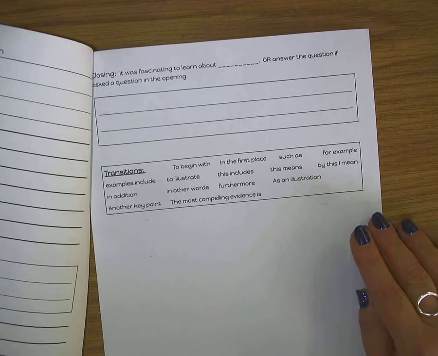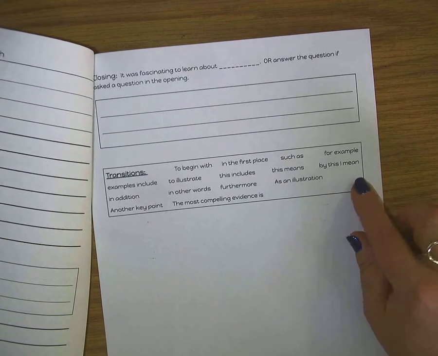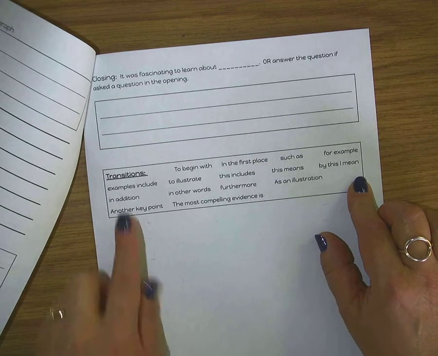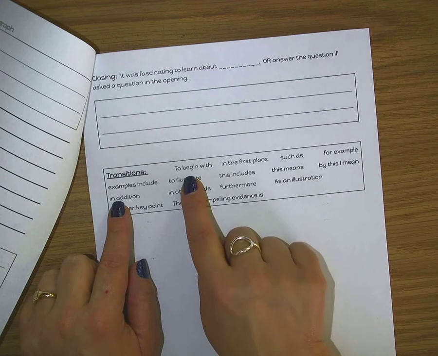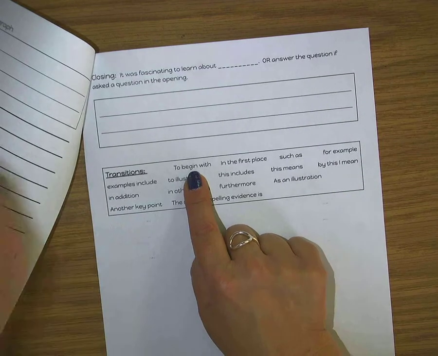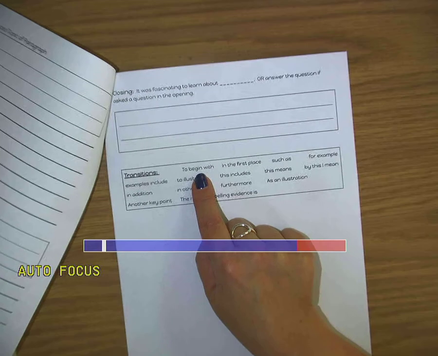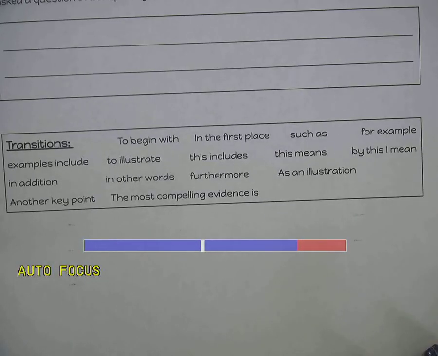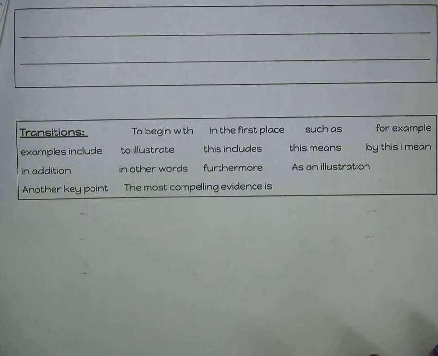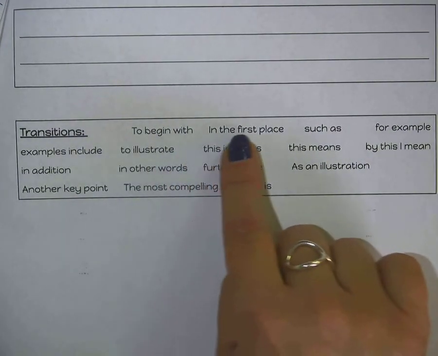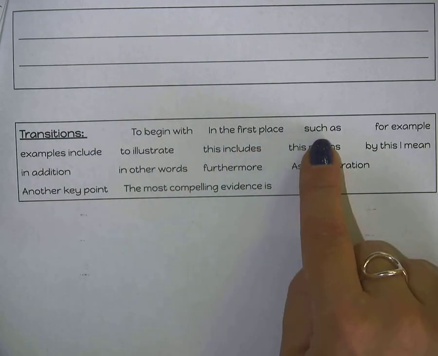Another difference between compare and contrast and report writing are some of your transitions. So you have, I'll get closer to this. You're going to have these types of transition words or phrases to begin with in the first place. Such as.